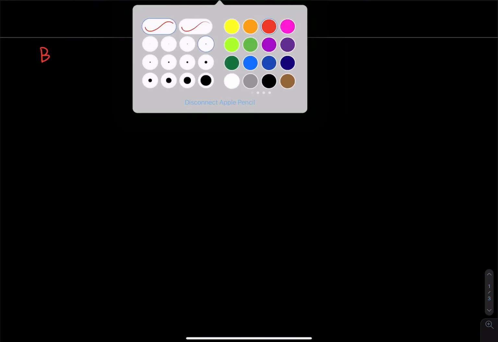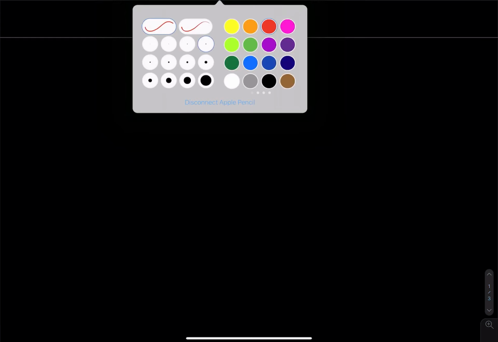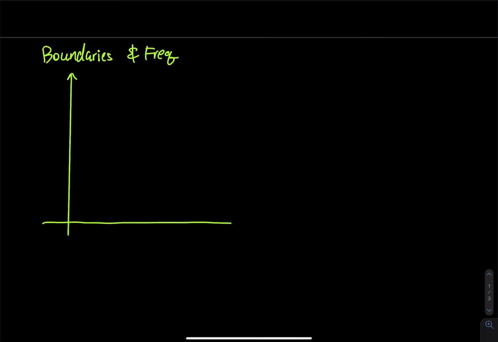Let's switch color. Red is too dark. So boundaries and frequency. The histogram looks like this. First, you have to prepare a vertical axis, and then a horizontal axis. 6 classes, right?